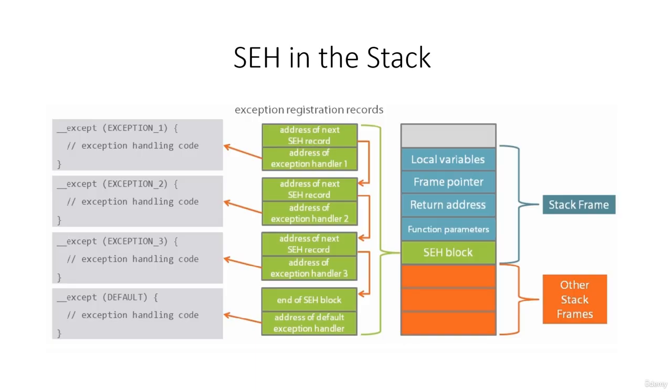If the function does not use structured exception handling, then only the exception registration record for the default exception handler will be present in the SEH block in the future stack frame.